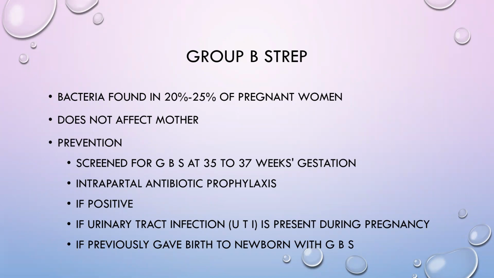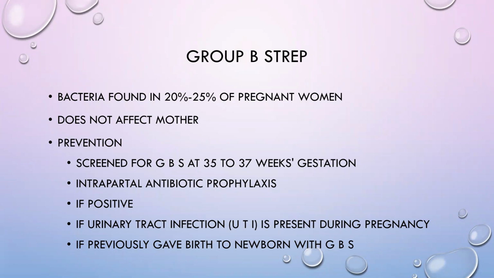Bacteria found in about 20 to 25% of pregnant women is group B strep that does not usually affect the mother. They usually do not have any signs and symptoms. Preventing group B strep from being transmitted to the fetus and the newborn is done by antibiotic prophylaxis during pregnancy and during labor.